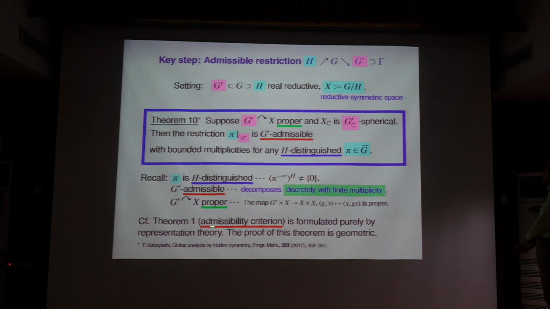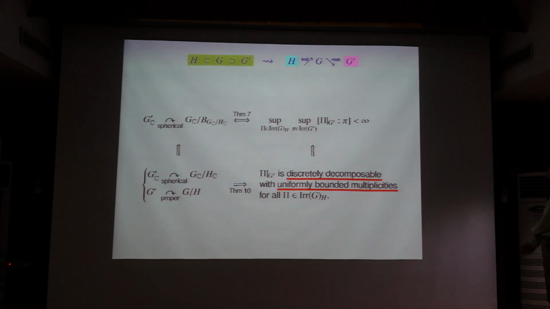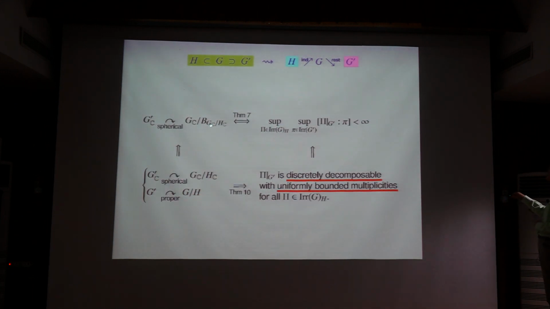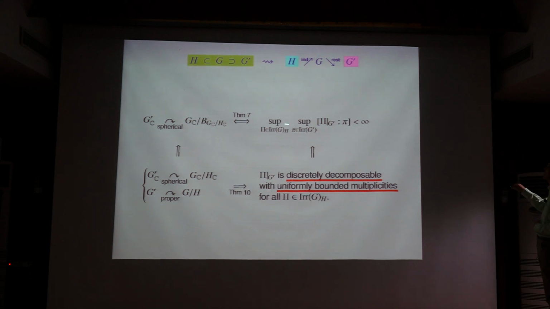The previous theorem 1 gives some admissibility criteria formed purely by representation theory, but for this theorem, the proof uses some geometric arguments. And also this is a comparison with our uniform boundedness theorem for H-distinguished representations restricted to Z′ in terms of sphericity. But in that case, the restrictions may have a continuous spectrum. And our setting is a little bit stronger: no continuous spectrum appears, but uniform boundedness holds.